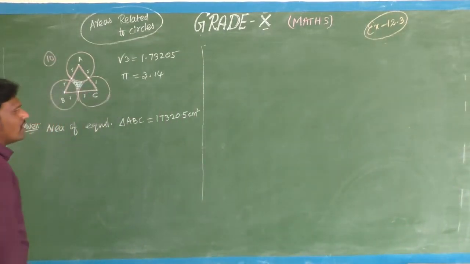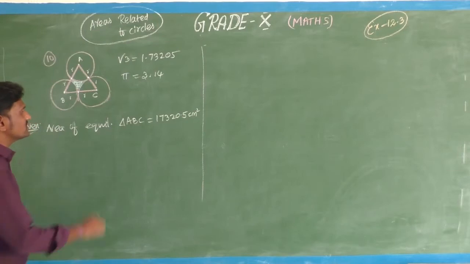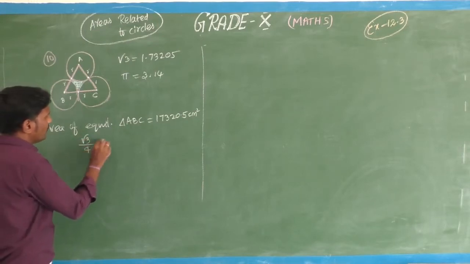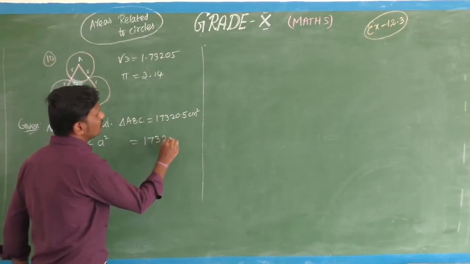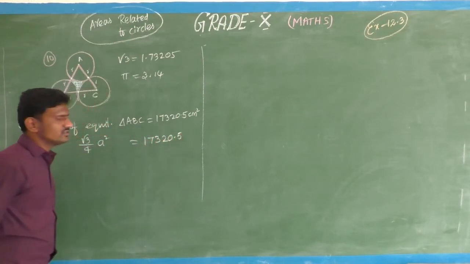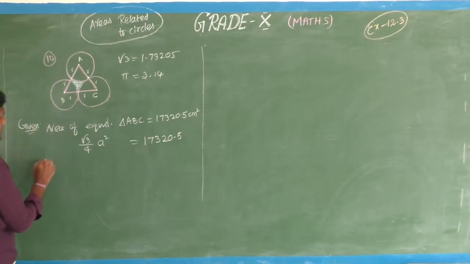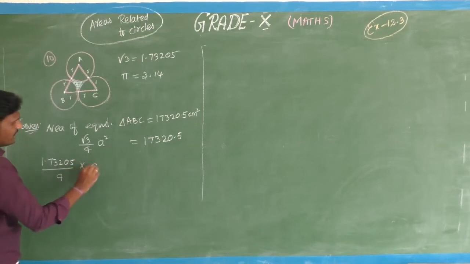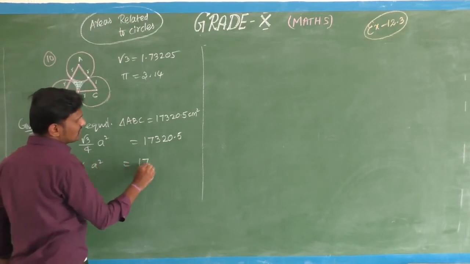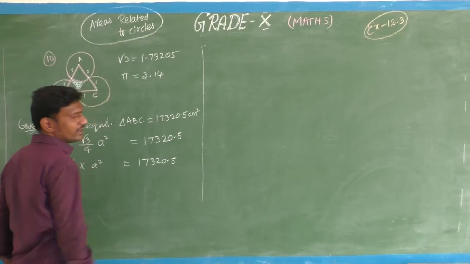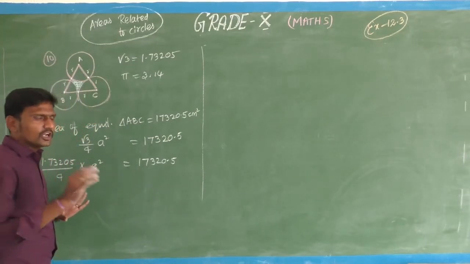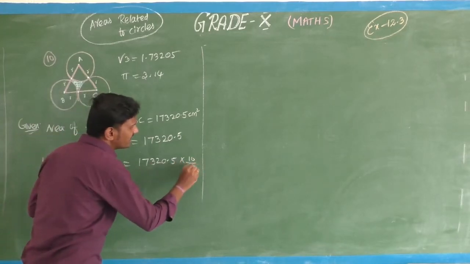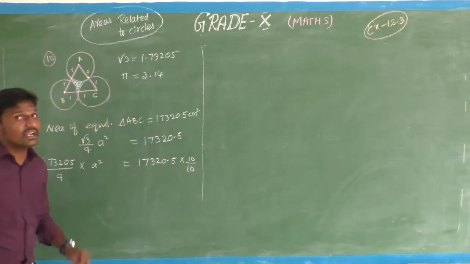You have the formula. Area of the equilateral triangle is root 3 by 4 a square, which is equal to 17,320.5. Yes, students. And I have the value of root 3 as 1.73205, whole divided by 4, into a square, which is equal to 17,320.5. Now I want to eliminate the decimals on the right side and the left side also. So for that I am going to multiply and divide by 10 to eliminate the decimal.